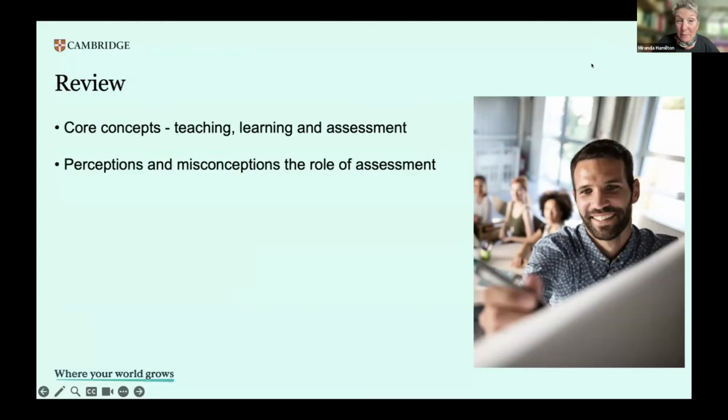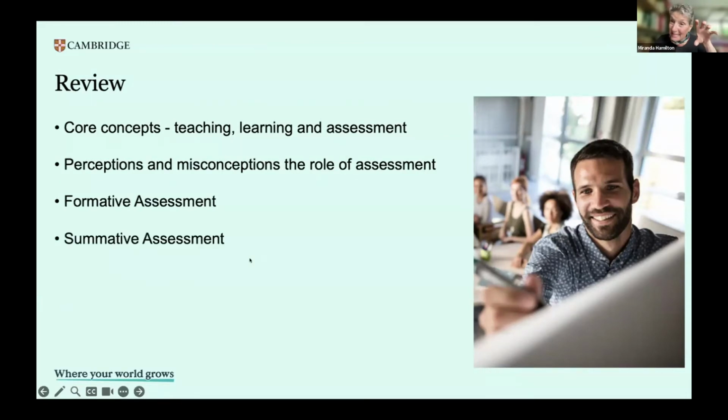We looked at perceptions and misconceptions about the role of assessment. We talked about formative assessment, which was something that everybody was able to relate to.